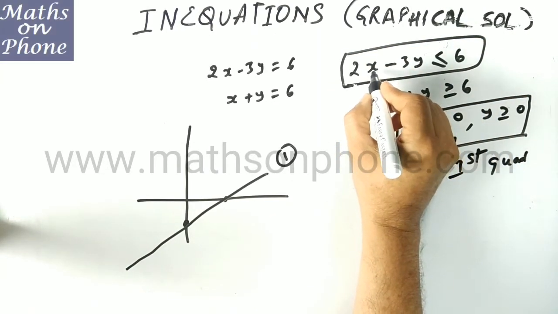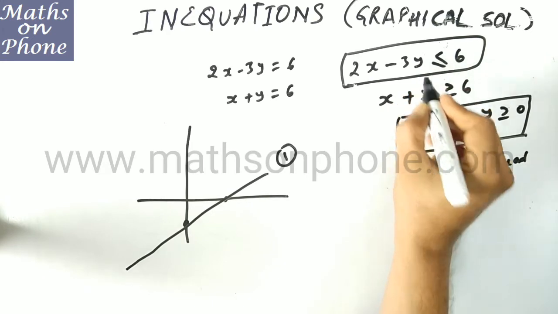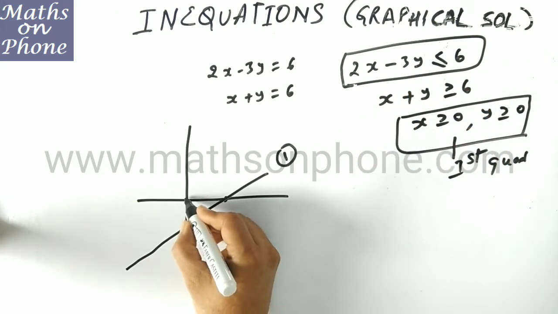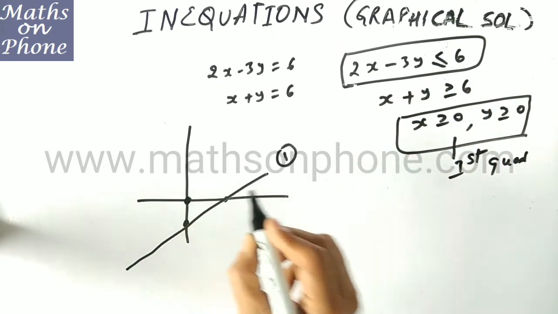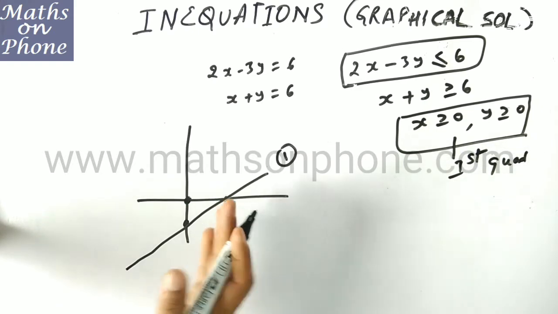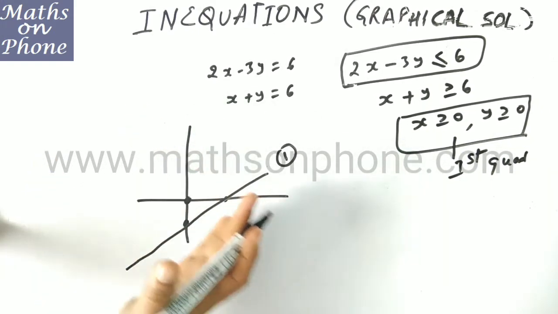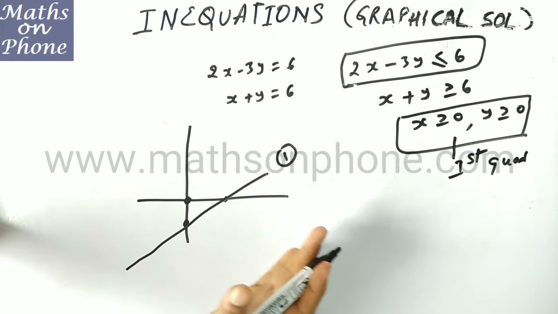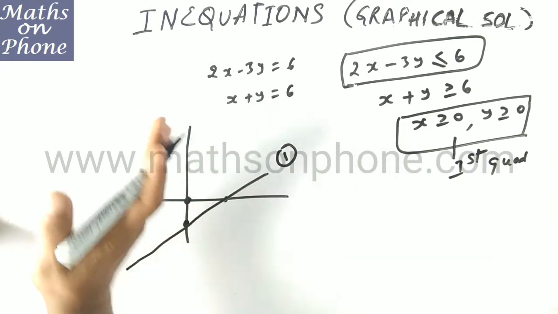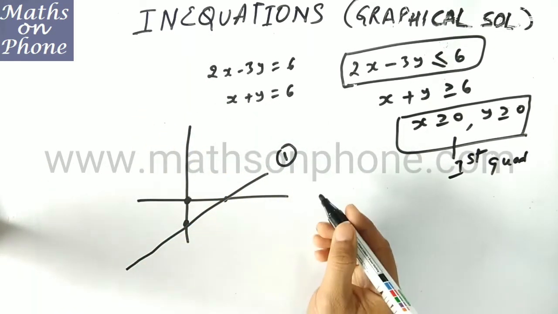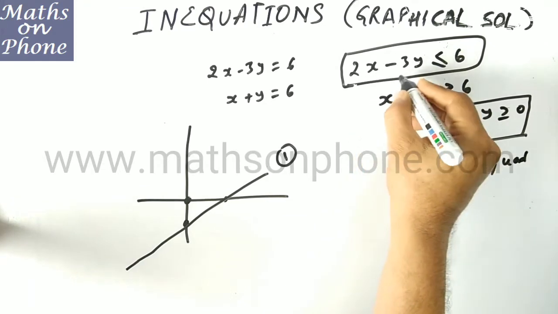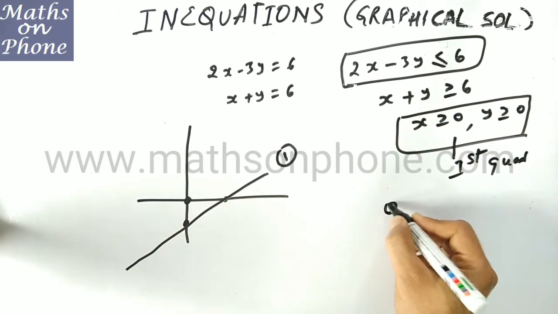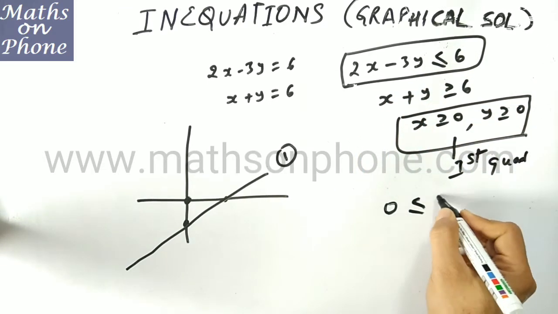If we put x equal to 0, y equal to 0, why am I putting this? I said you always compare with respect to origin. Either to the origin side, that means upward, or non-origin side, downward. True means origin side, false means opposite to the origin side. If I put 0, 0, this is 0 is less than equal to 6.